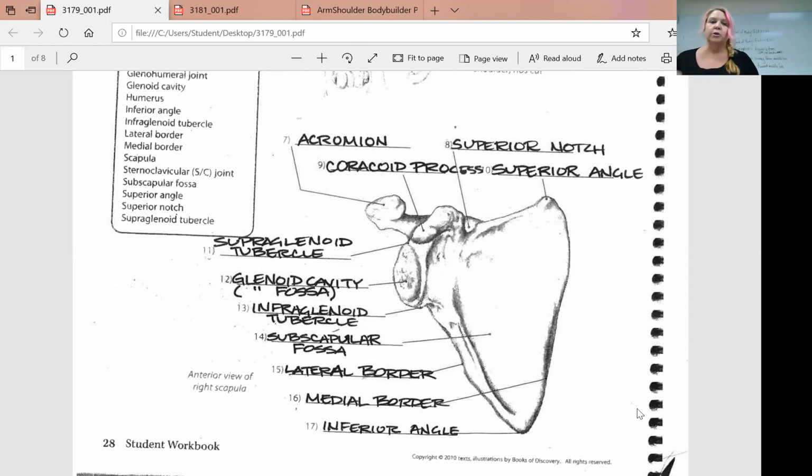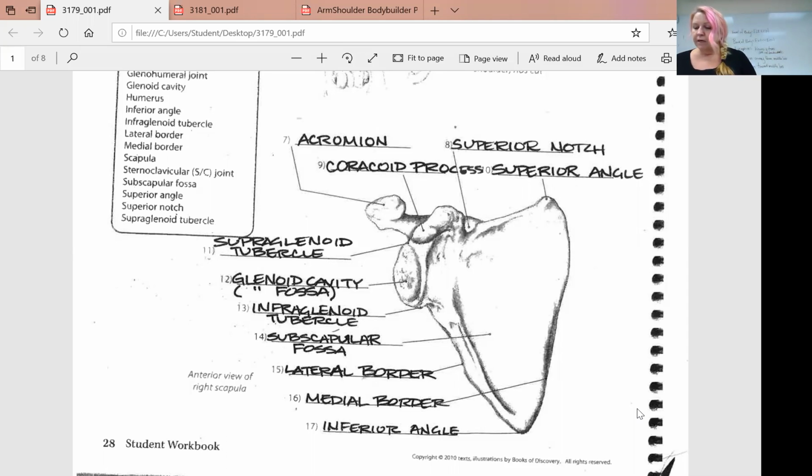That clavicle actually comes out and articulates with that acromion. Then we have superior notch. And typically a notch, as we said, is where sometimes a muscle, sometimes a nerve, or artery or something is passing through that notch where it doesn't get impinged by the muscles or by the bone.